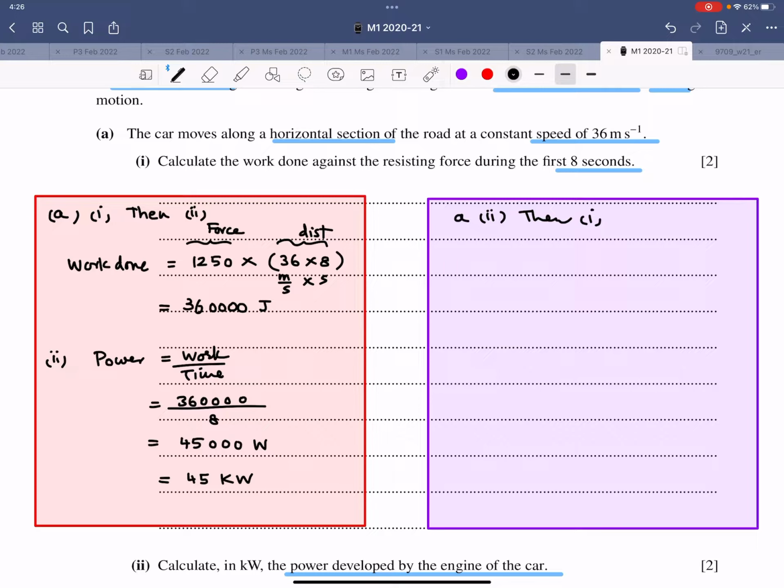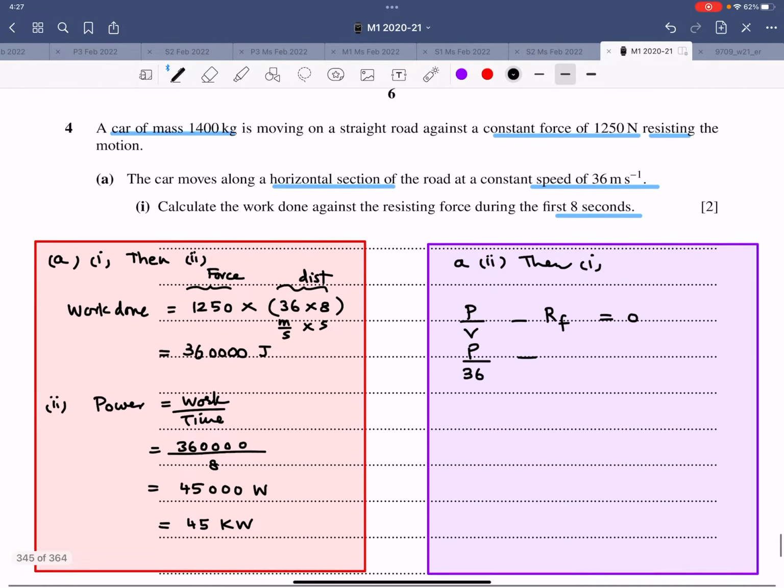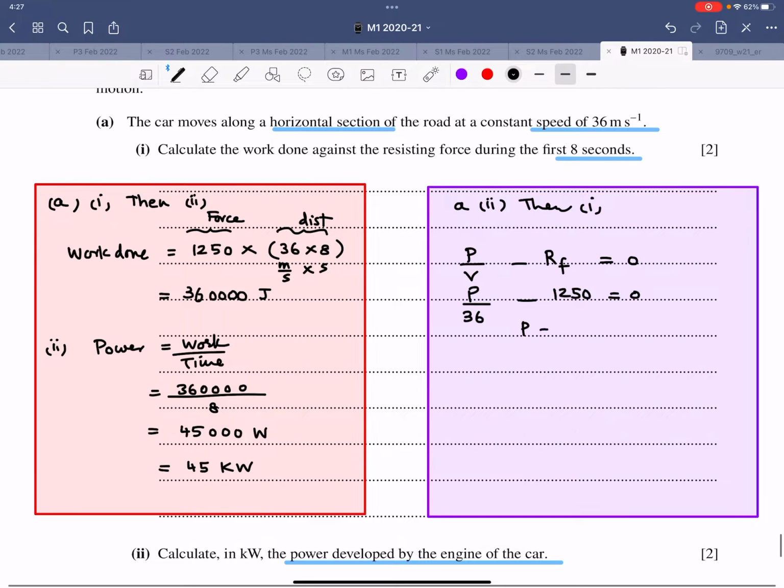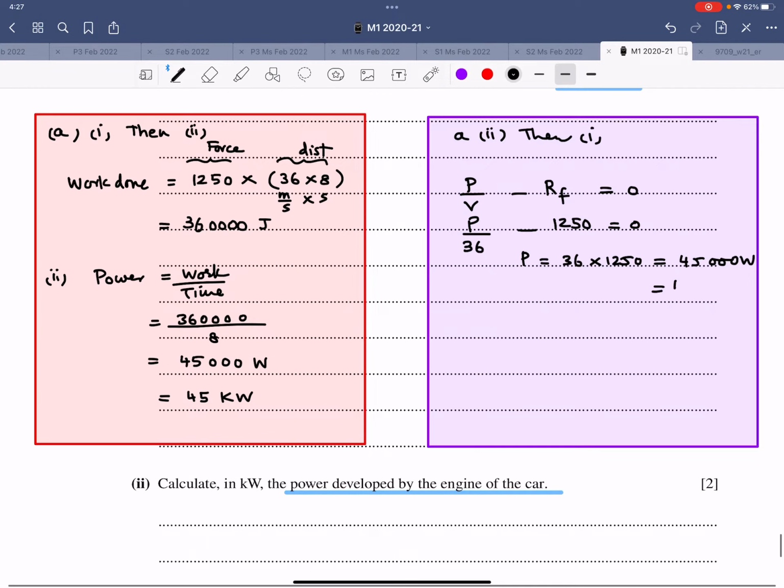So power over velocity minus resistive force is 0 because constant velocity. Mass into acceleration, that's 0. So now power is power, velocity is 36, resistive force is 1250, that is equals to 0. So power is 36 into 1250, and when you multiply, you get 45,000 watts. That's the first part. And then you can change it into kilowatts, 45 kilowatts.